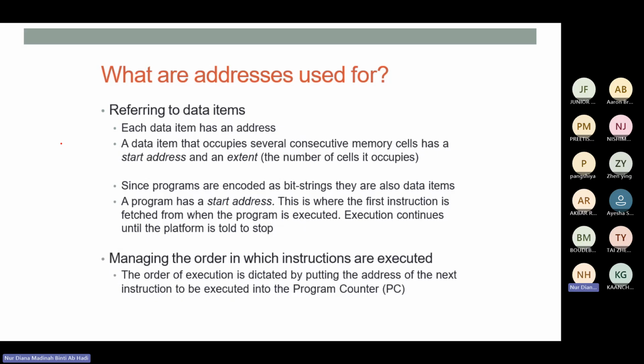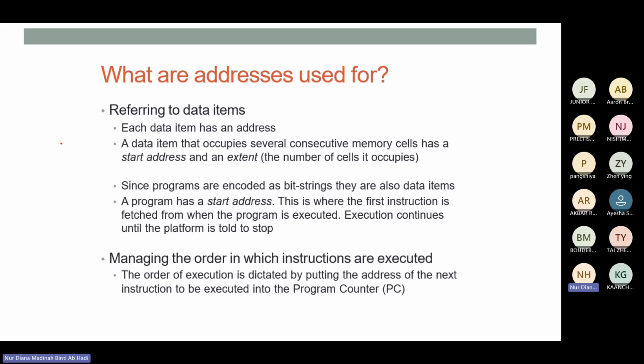So what are these addresses used for? To refer to data items and to manage the order in which instructions should be executed. When we refer to a data item, each data item has its own specific address. It will occupy several consecutive memory cells that have a start and an extent, the number of cells it occupies. Since programs are encoded as bit strings, they are also data items.